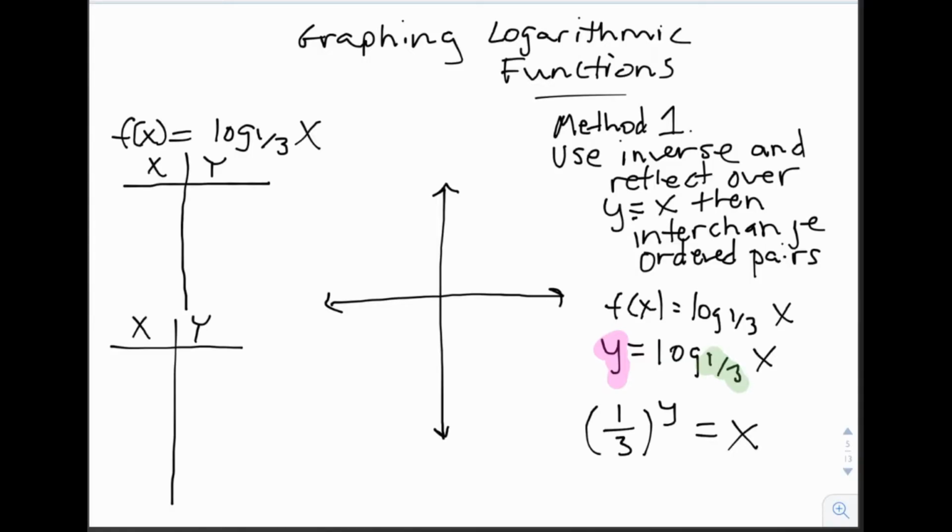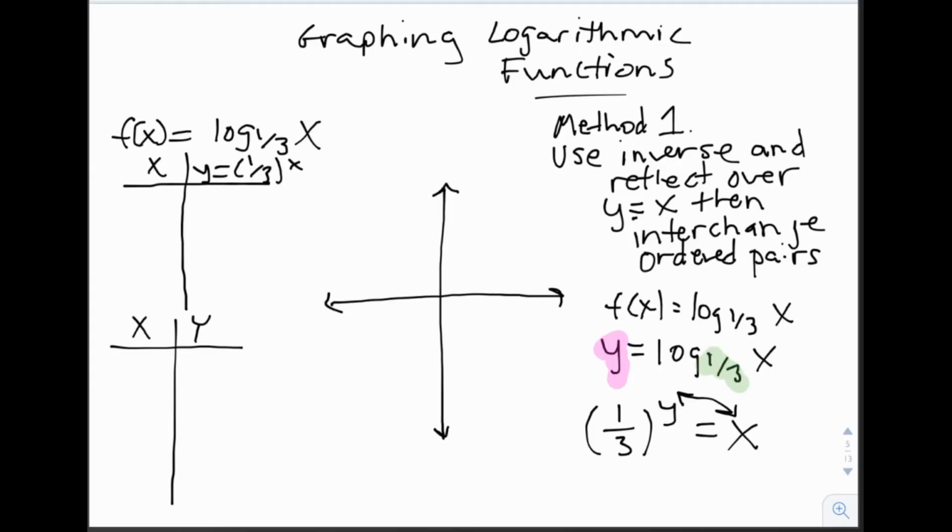So let's fill in this first portion now. Let's interchange our x and our y, and plug it up here. So now our y is going to be equal to 1/3 raised to the x. Now for 1/3 raised to the x, we need to figure out some points.